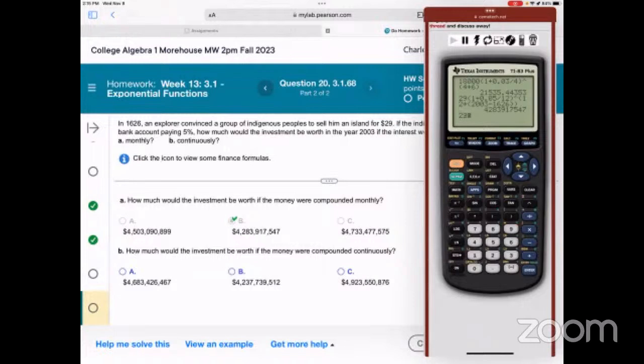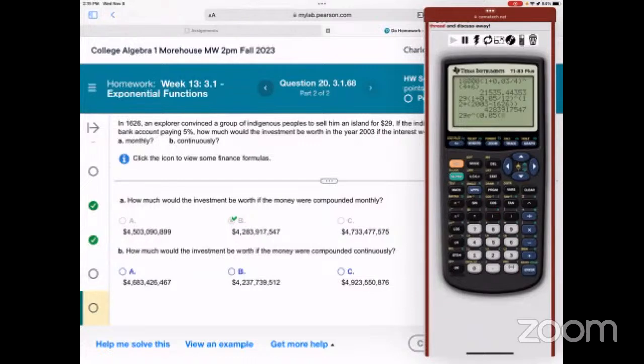We're starting with $29 times e to the rate, which is 5%, so 0.05, times the difference of those years, right?